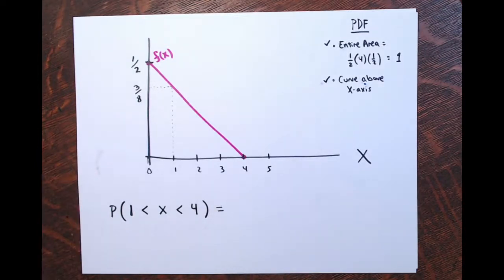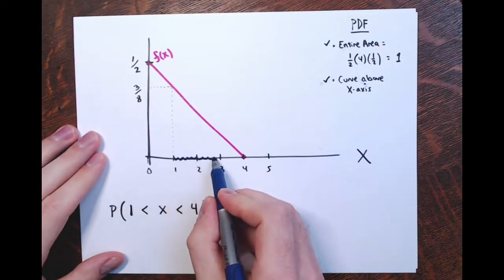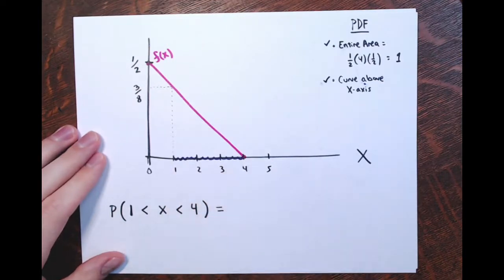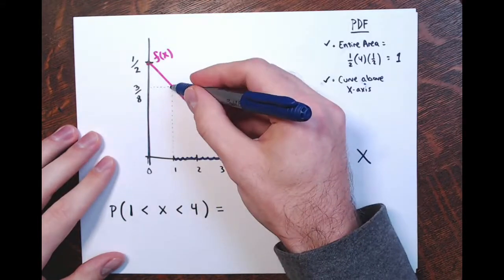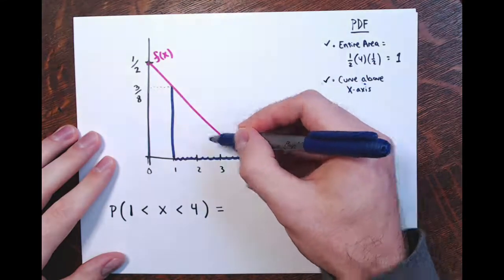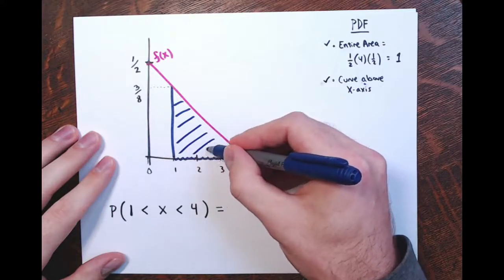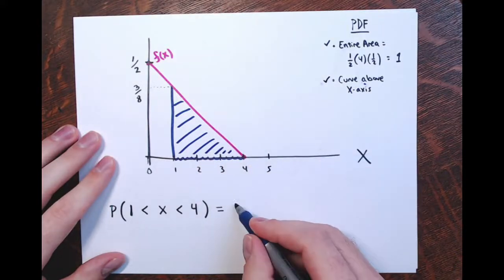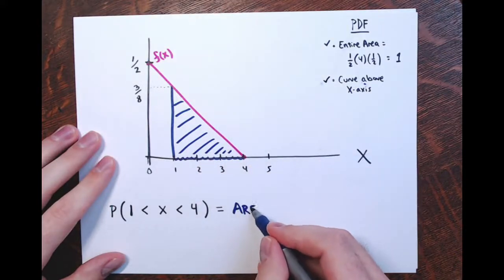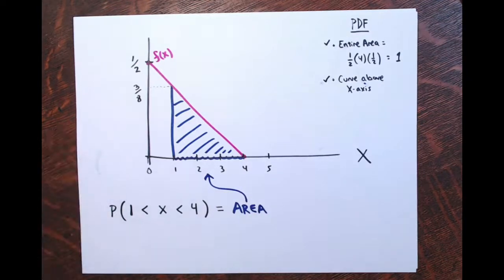So again, I'll highlight this. This is the interval from 1 to 4, right here, and we're finding the area under the curve over that interval. That'd be this triangle right here, this shaded area. And probability for a continuous random variable is equal to area.